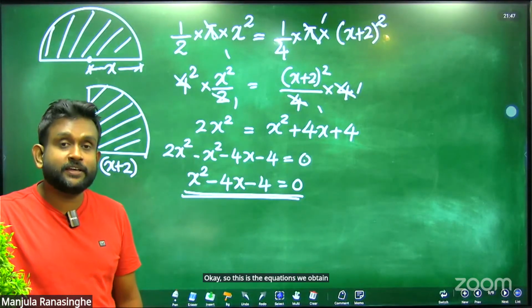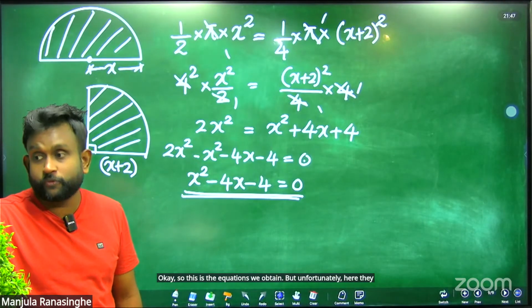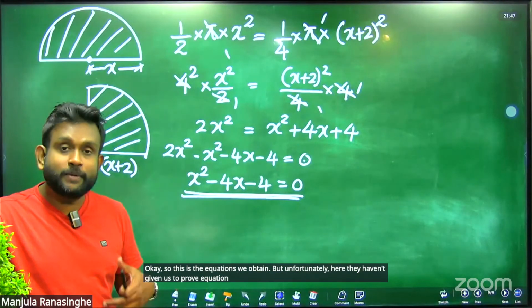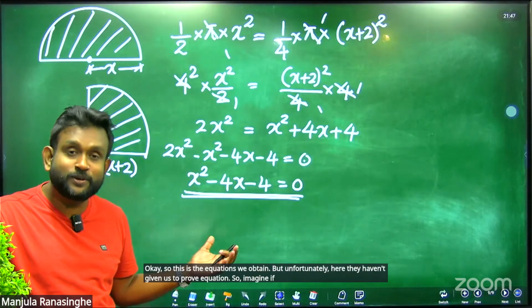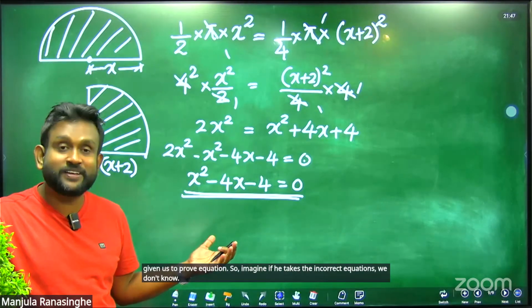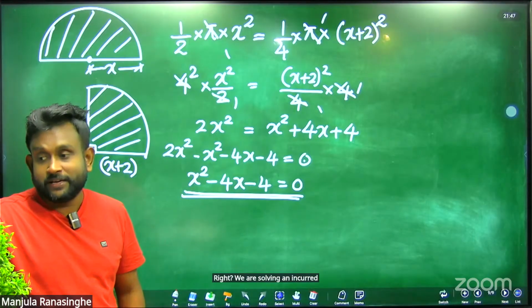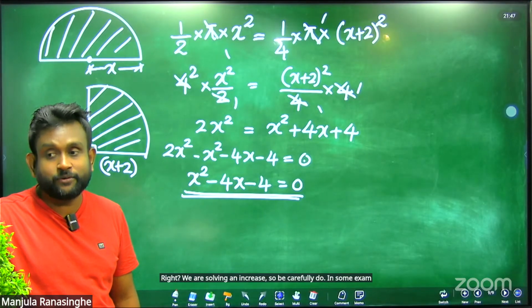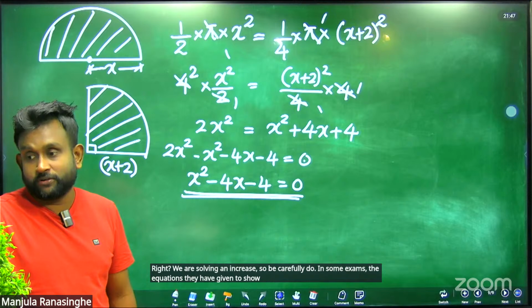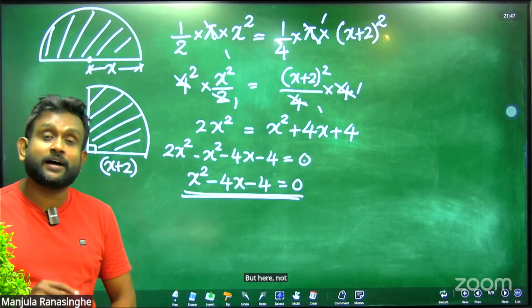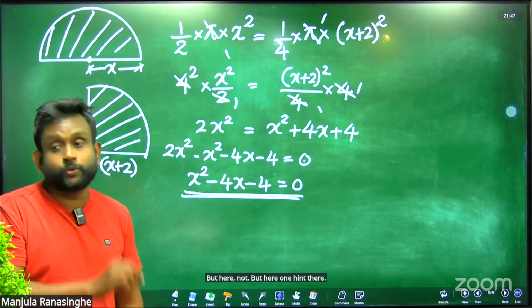But unfortunately here they haven't given us the equation to prove. Imagine if we take an incorrect equation, we would be solving an incorrect one, so be careful. In some exams the equations are given to show us, but here not. But here is one hint: square root 2 is given.